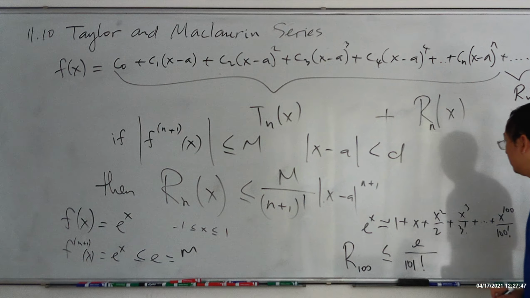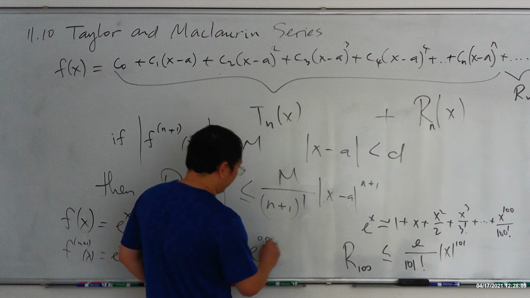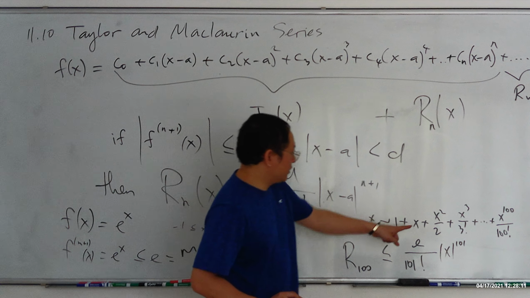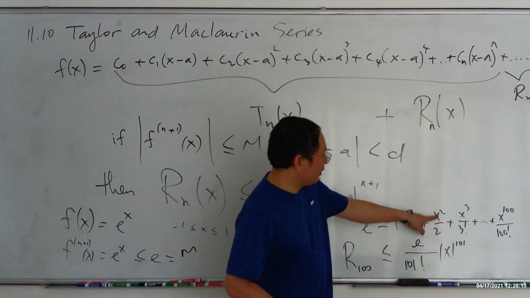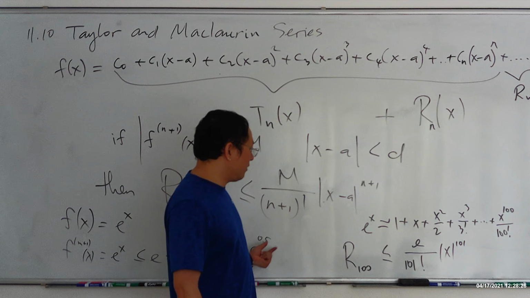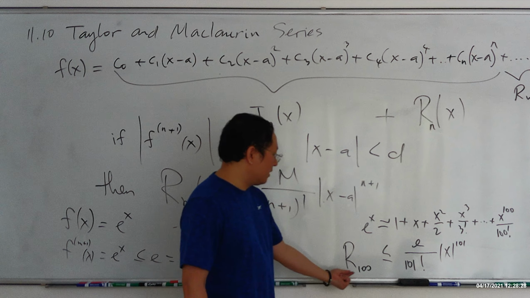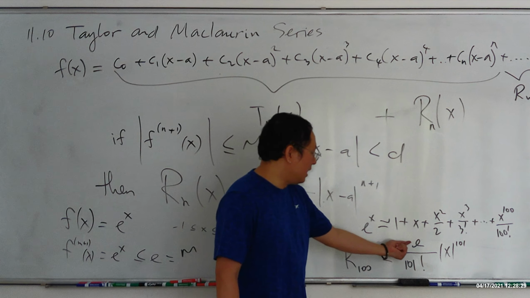So if you plug in here, you want to calculate e to the 0.5. And then you can use 100 terms, you get 1 plus 0.5, 0.5 squared over 2, 0.5 cubed over 3 factorial, all the way to 0.5 to the 100 over 100 factorial. You're going to have a really good approximation of e to the 0.5. And what is the error that you make when you make that approximation? This is the error. It's e over 101 factorial times 0.5 to the 101, which is an extremely small error.